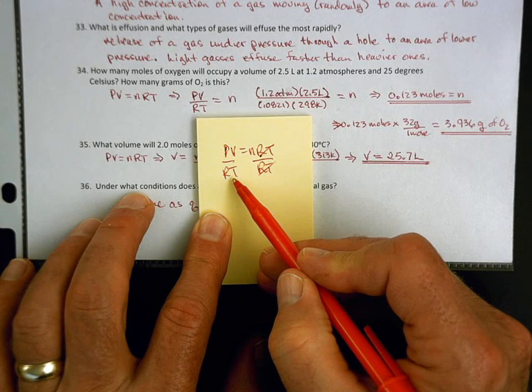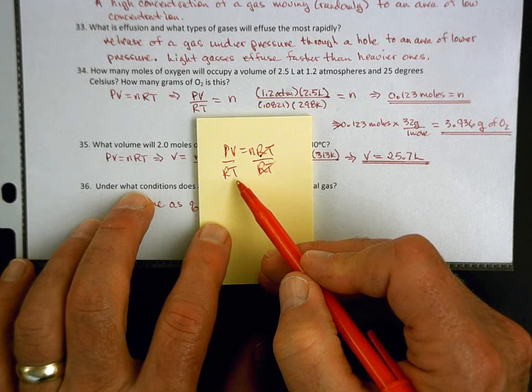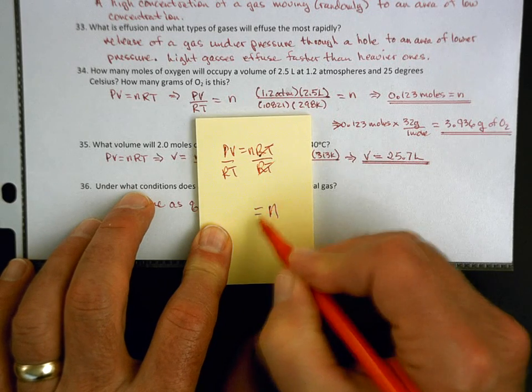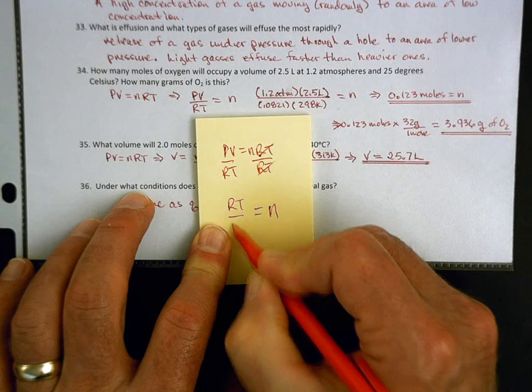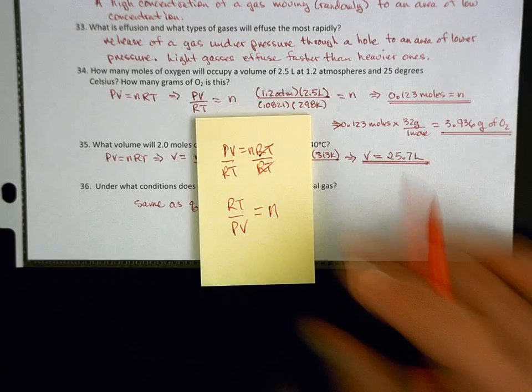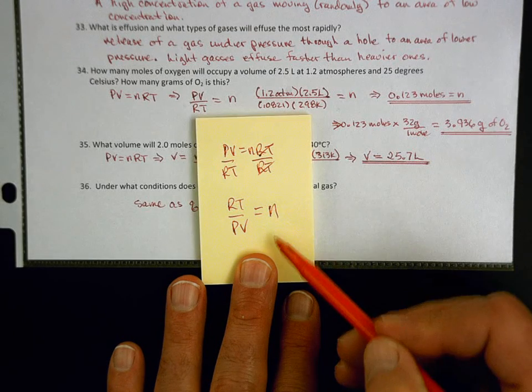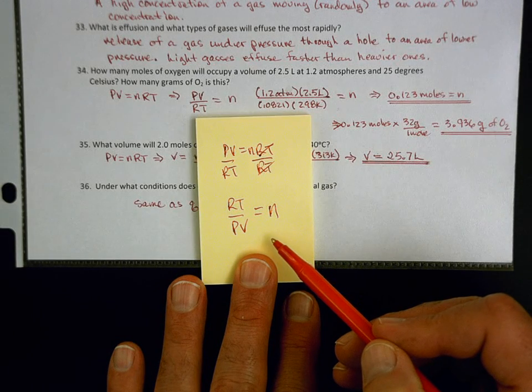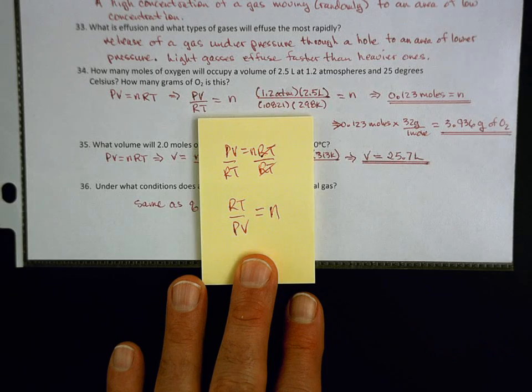But I saw more than one person tell me that n was this, because they never did this part. They just wrote that one down immediately. In other words, they did the algebra in their head and got it backwards.